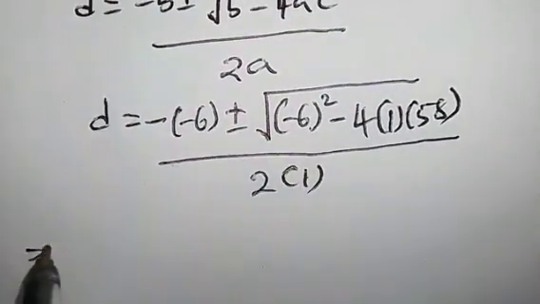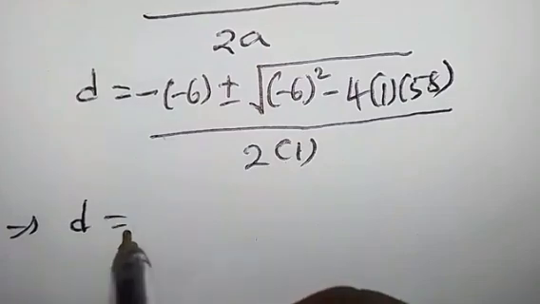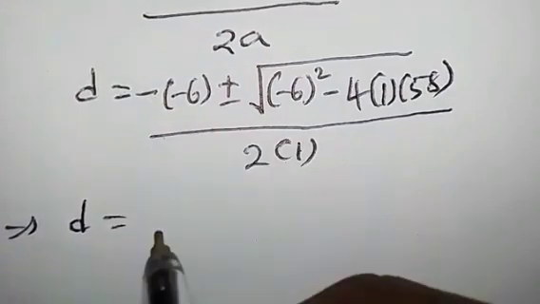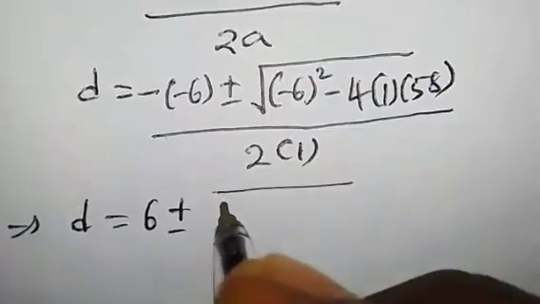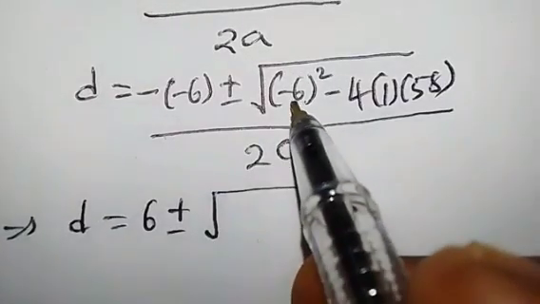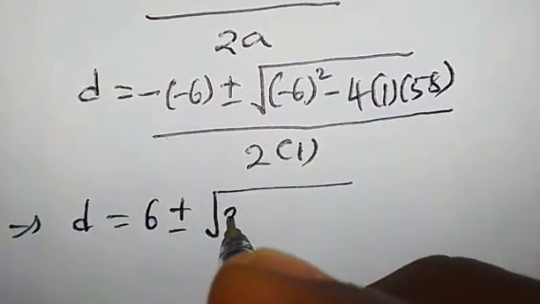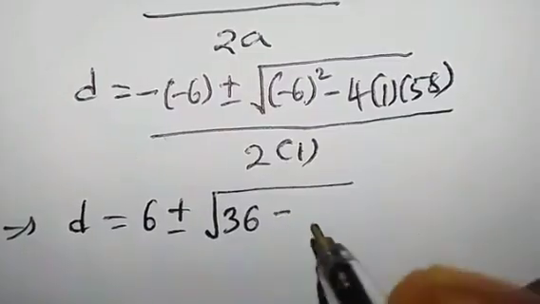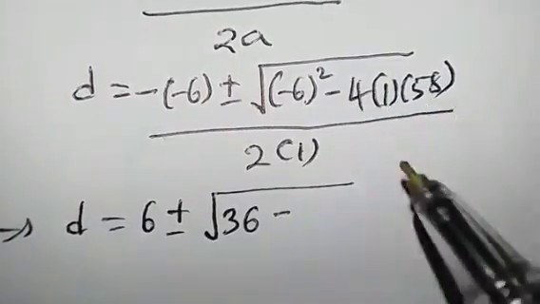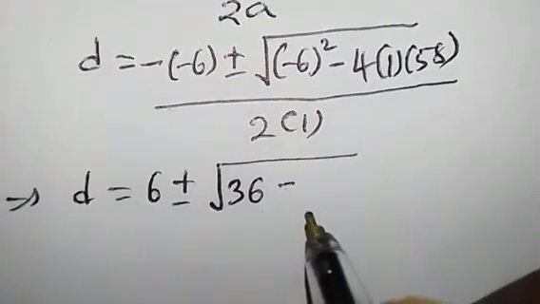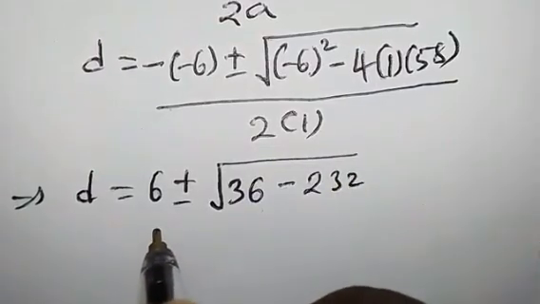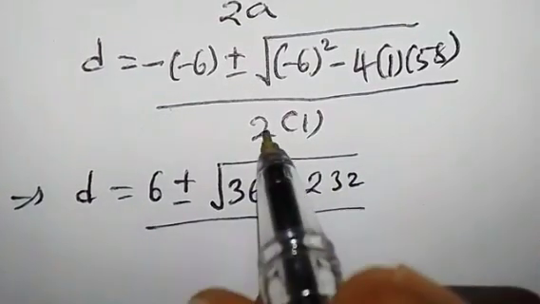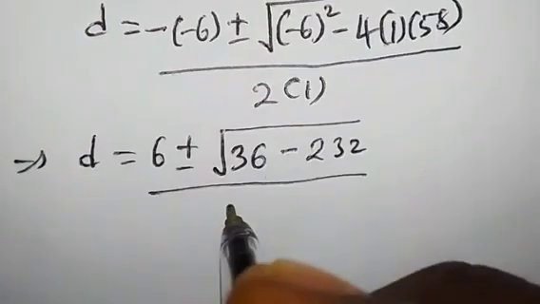Let's continue. d = 6 ± √(36 − 4 × 1 × 58), where 4 × 1 × 58 is 232. Confirm that using your calculator. All divided by 2 × 1, that is 2.